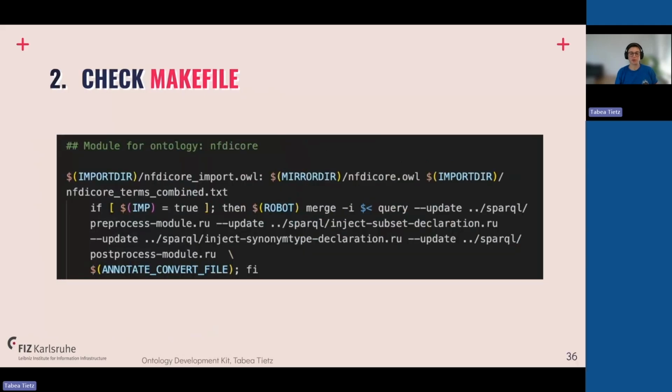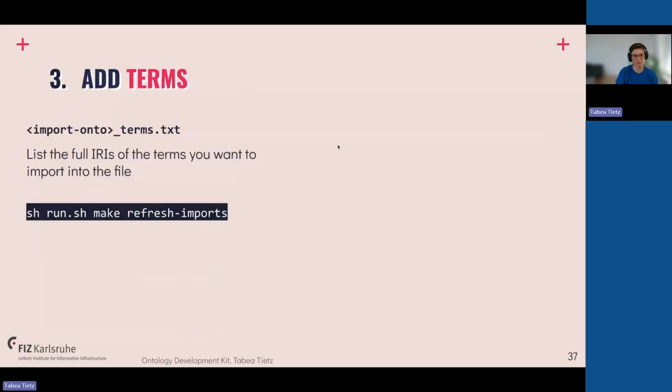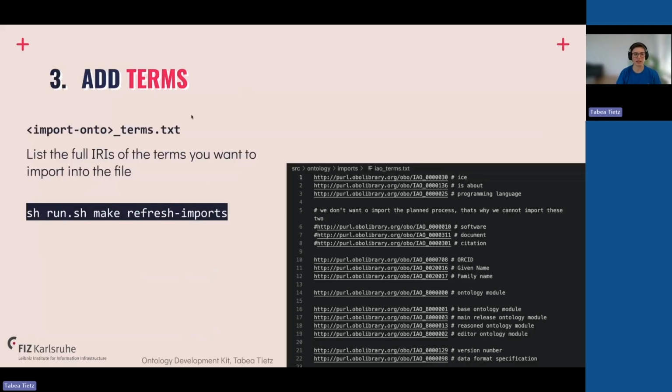The next step to continue this customized import is, as I said, to check the global makefile to see if this declaration of this import actually worked, and we can see that this import NFDI core import OWL file was created. The next part is that we have to go into the terms.txt.